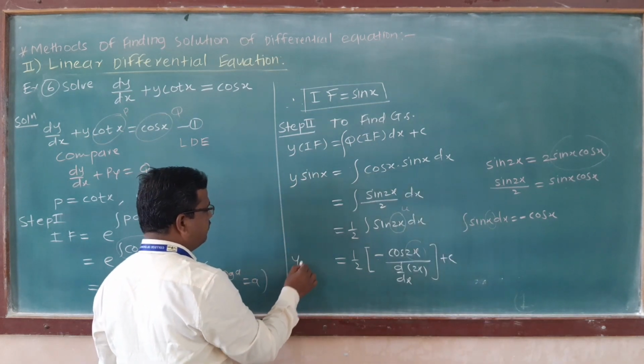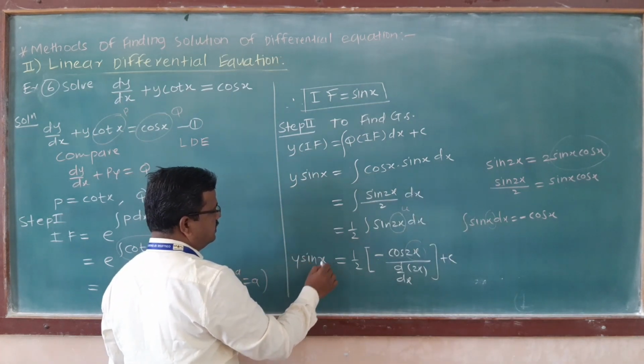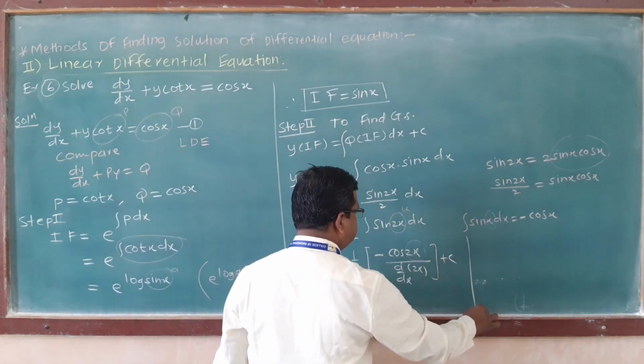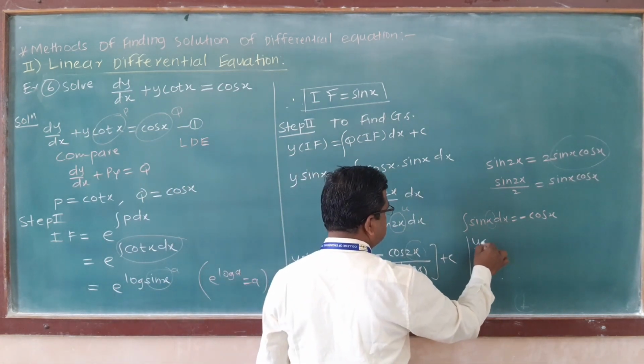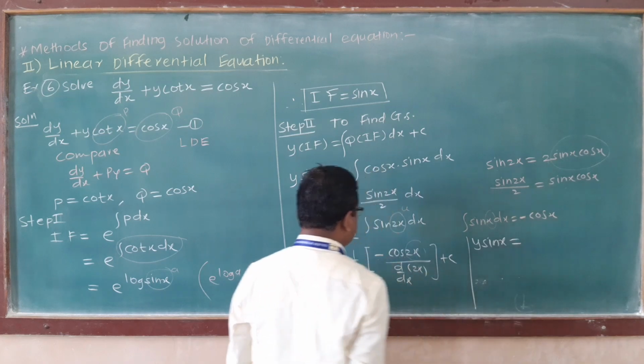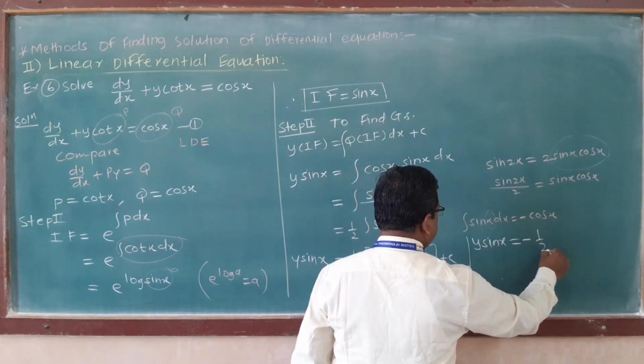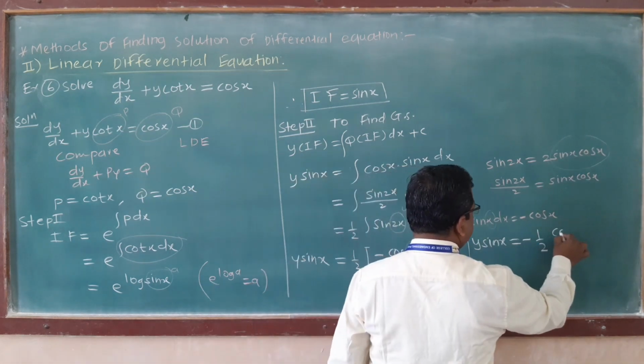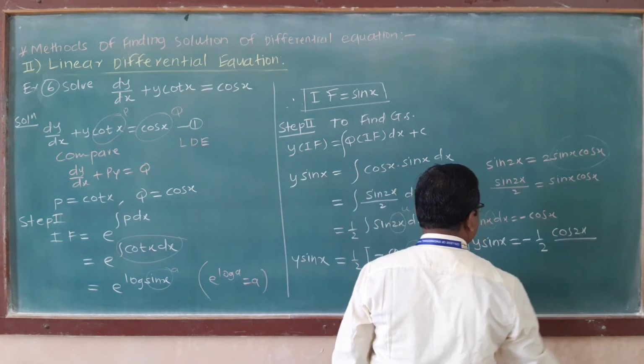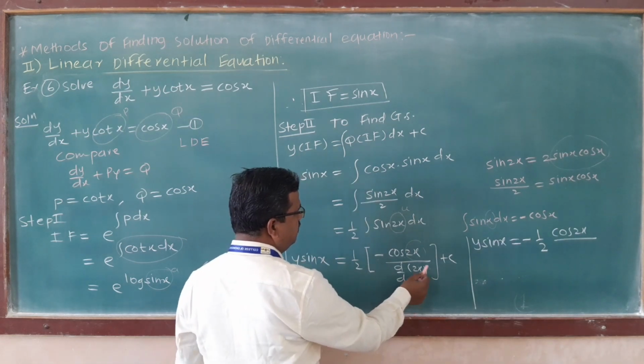So this is the value of y into sin x. This y sin x is equal to minus half cos of 2x upon the derivative of 2x.